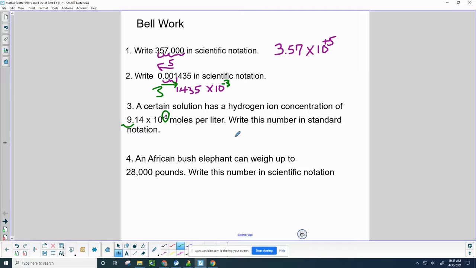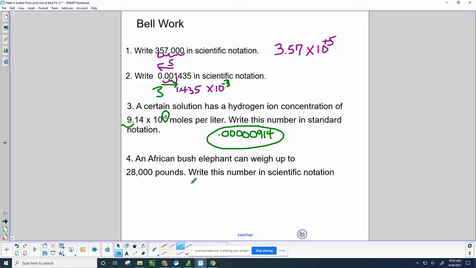And so what we're going to end up with is 0.00000914, with five zeros and then our 9, 1, 4. The decimal started here. We had to go back 1, 2, 3, 4, 5, 6 places to the left to get it back to where it's in standard notation.